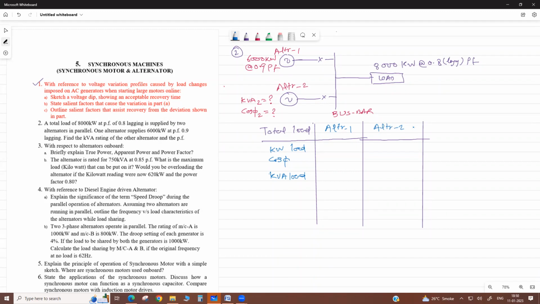Now the load on alternator 2 equals the total minus that shared by machine 1. Correct now? Here this is the total kilowatt load.